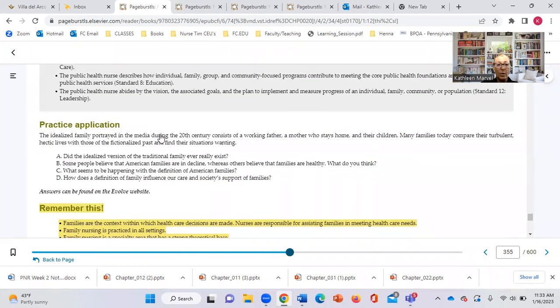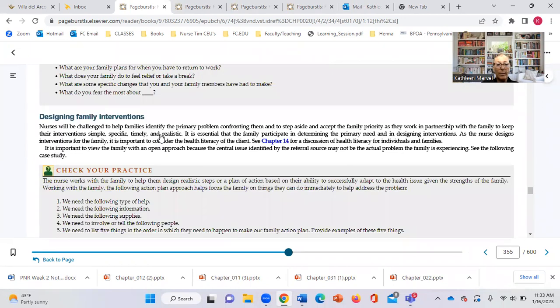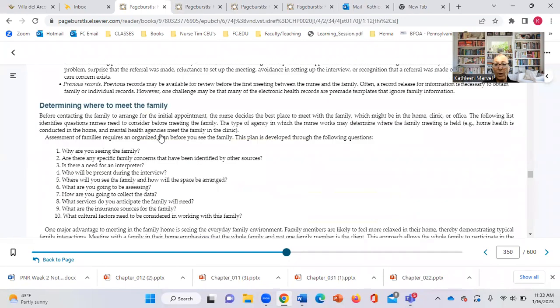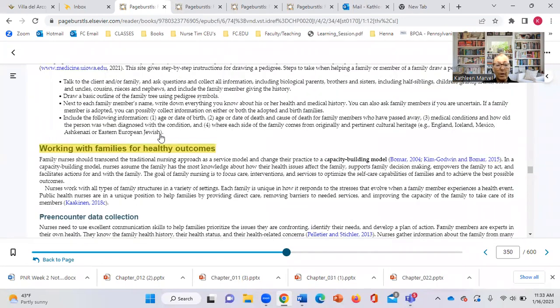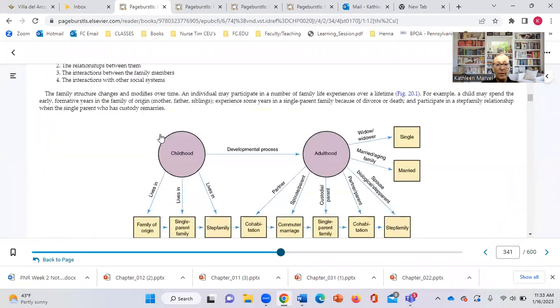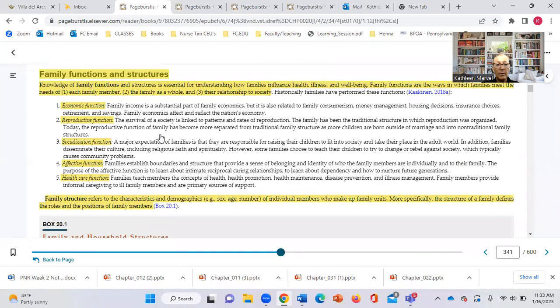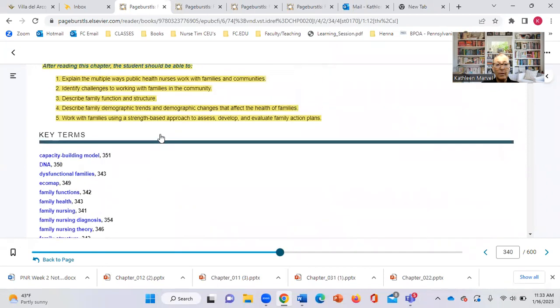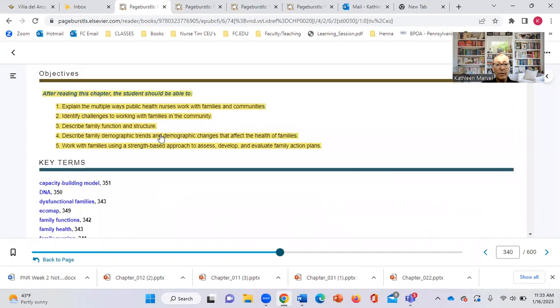Okay, having a look at your introduction to primary, secondary, and tertiary. Just going back to the objectives here. Okay, family functions and structure. So going through this chapter, this is what you need to be able to articulate.